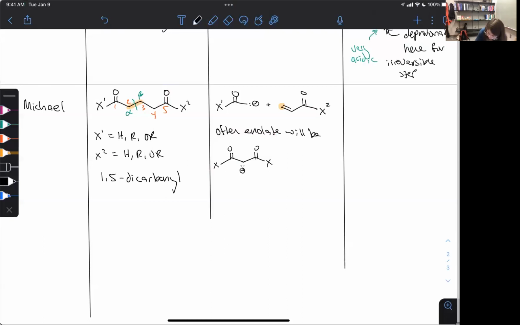Okay, so our irreversible step here is going to be the initial deprotonation in the case of a 1,3-dicarbonyl enolate.